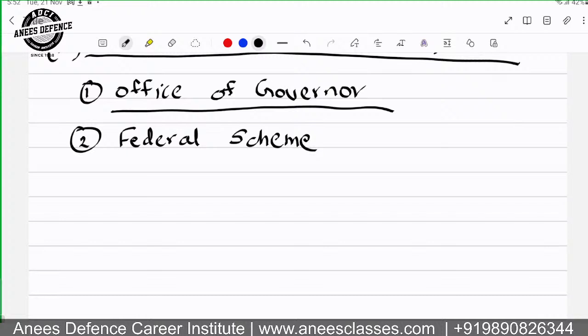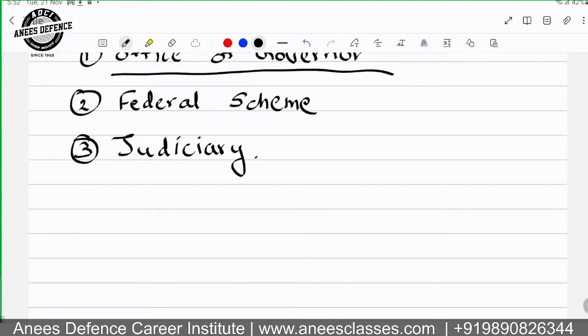Next thing is judiciary. The judiciary that we have, Supreme Court and High Courts, is adopted from the Government of India Act of 1935. There are some changes in the names, but that model is adopted from the Government of India Act of 1935.